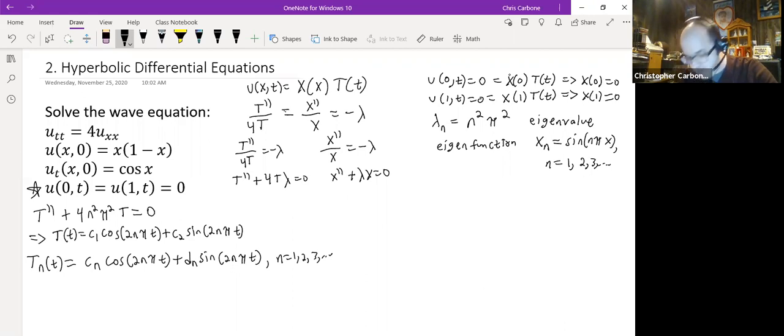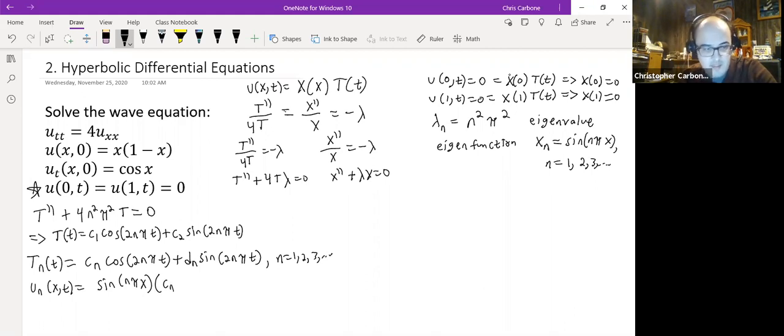Then, when we want to write what our actual equation is, we have u sub n of x comma t. And we can write this using our product solutions. This will be sine of n pi x times what we just got.